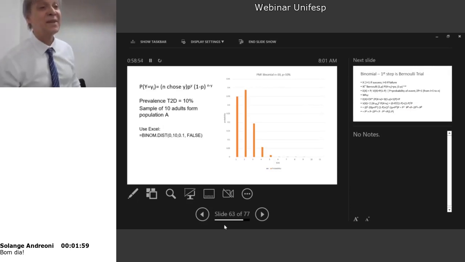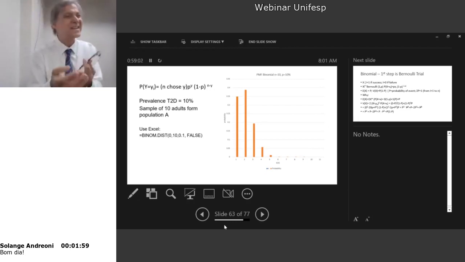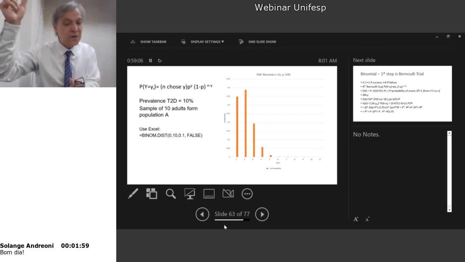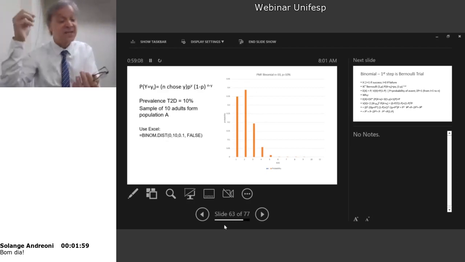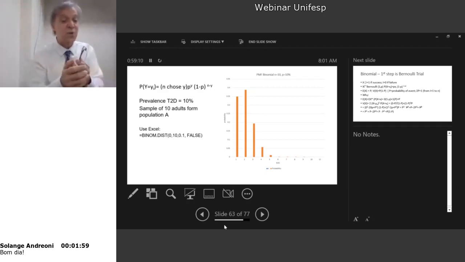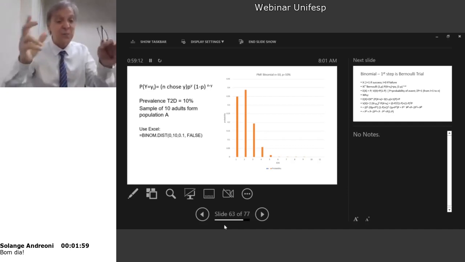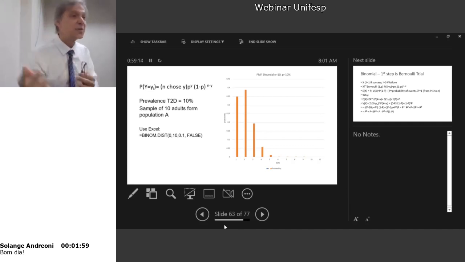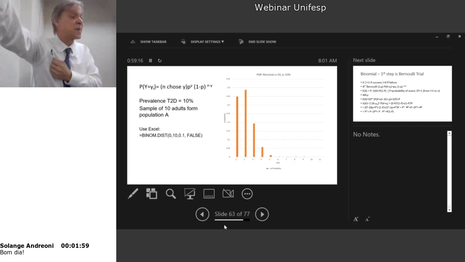I did it in Excel again, which can help you. You can say equals BINOM.DIST and give the arguments. The argument is, what's the probability of getting a 0? The example here is 0. If P in the general population is 10%, 0.1, and the sample is 10 people, I should expect 10% diabetes in that population.